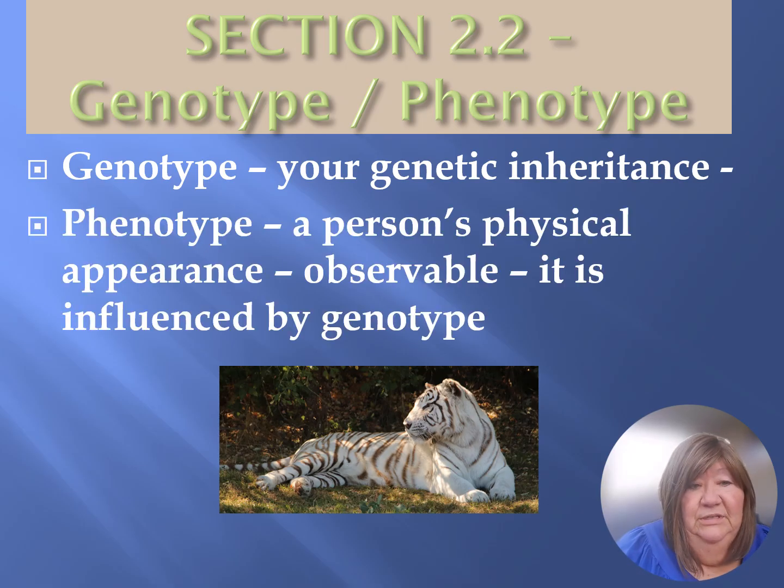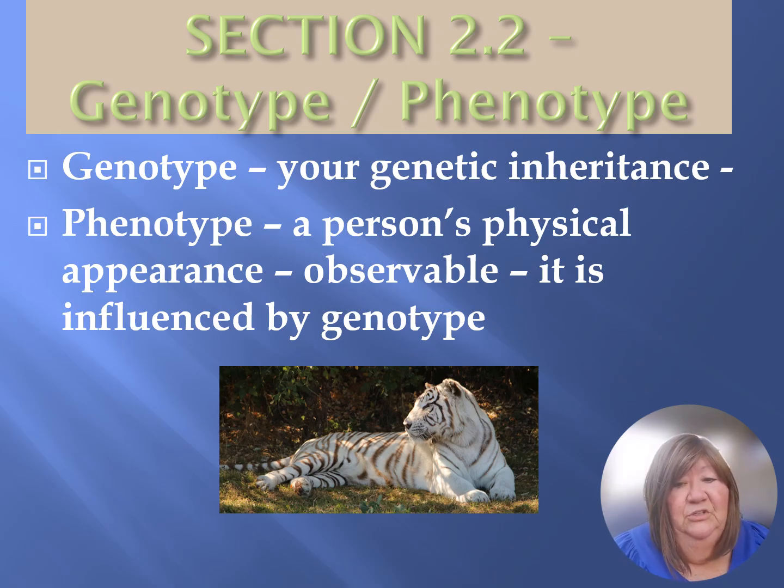And then the interesting section to that is the phenotype, which is your physical appearance. In other words, what is observable? And the phenotype is influenced by the genotype. Okay, so if we look at this picture of this white tiger, his genotype is what?